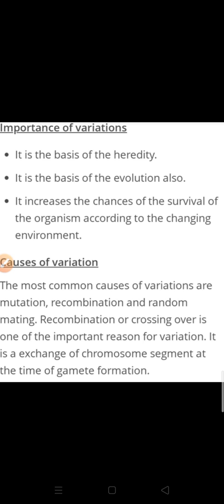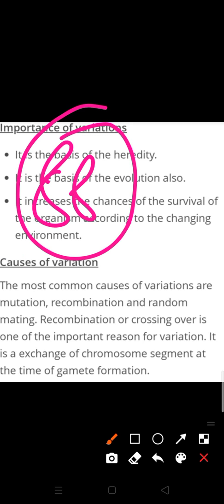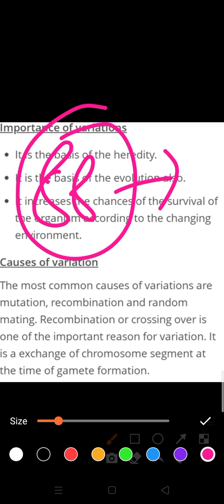Okay, so what are the causes of variation? There is a very simple way by which we can understand the cause of variation. As I told you, if variation takes place in germ cells, in the chromosomes of the sex cell, then only this information is inherited from one generation to the next. And how can it be done? With the help of a process known as crossing over.